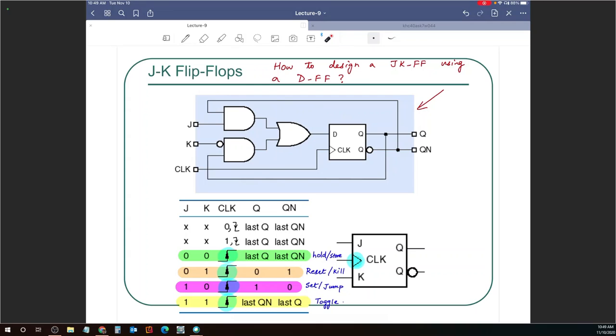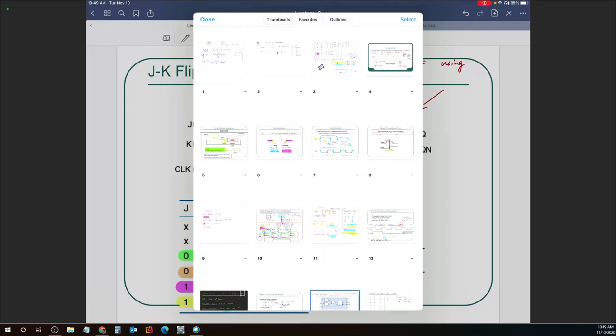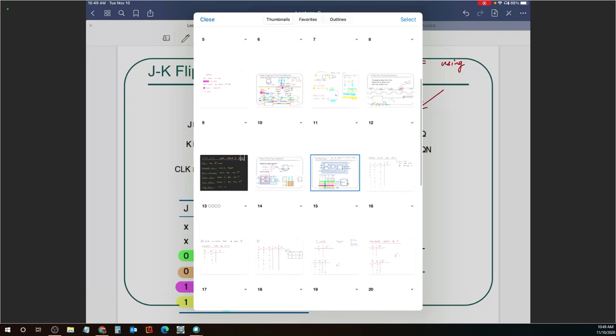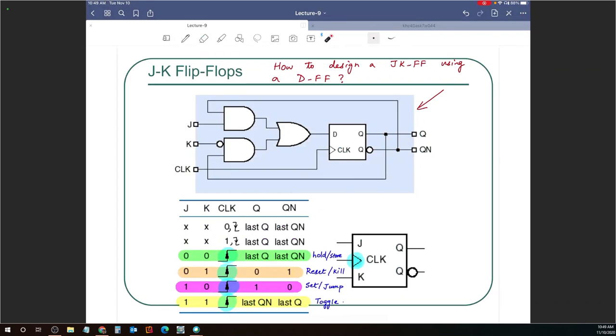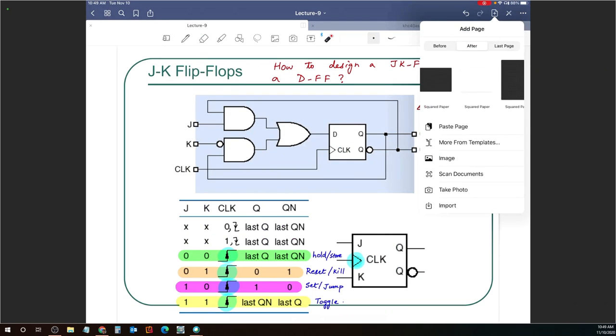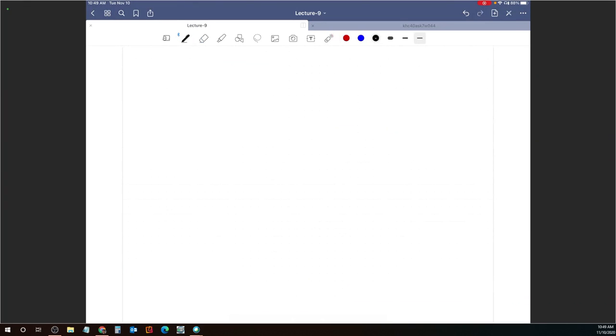Now to design this, we need to start talking about a new kind of table, which is called the excitation table. So let me go here and see whether we can talk about the excitation table.